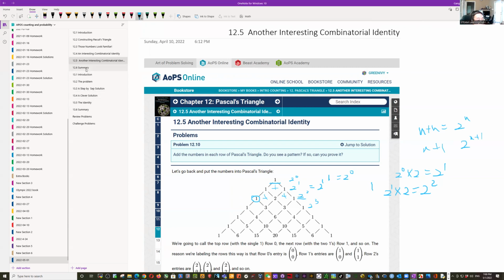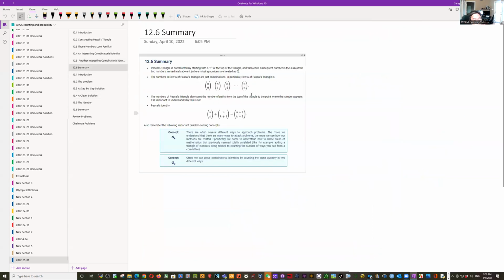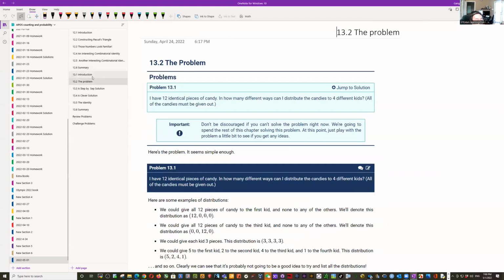And so this chapter is actually quite easy. So I think we'll just do the homework here. Then we're going to push as much as on this problem 13, because Pascal's triangle has the hockey stick.